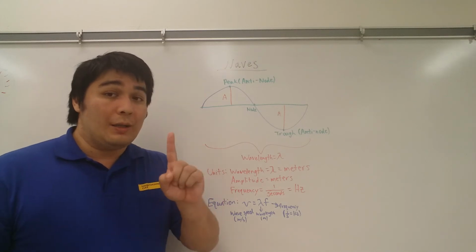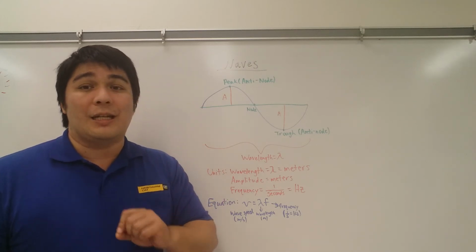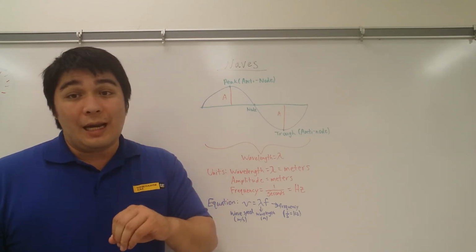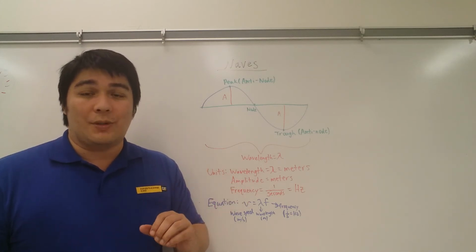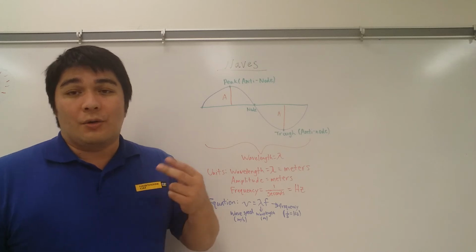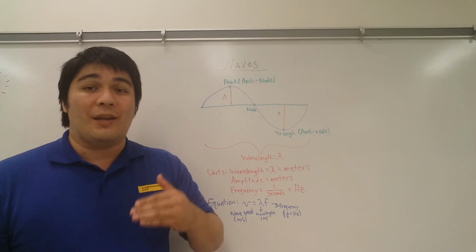Now there is one equation that's going to be very important, at least in a general form, and from there we'll get to more specialized ones, especially when talking about things like the speed of sound. But this is what we call the wave speed.